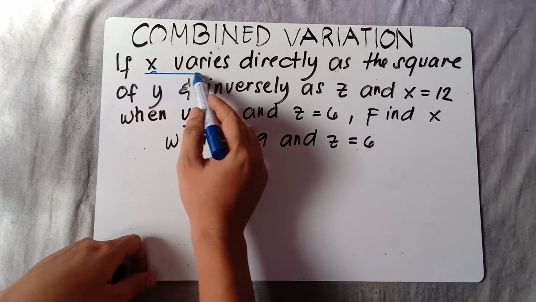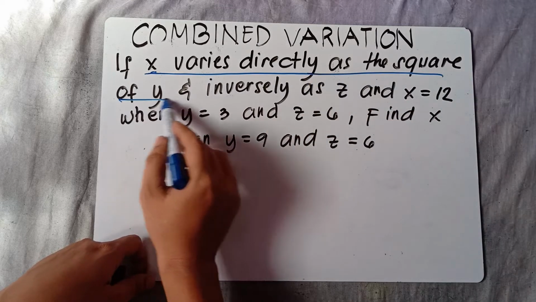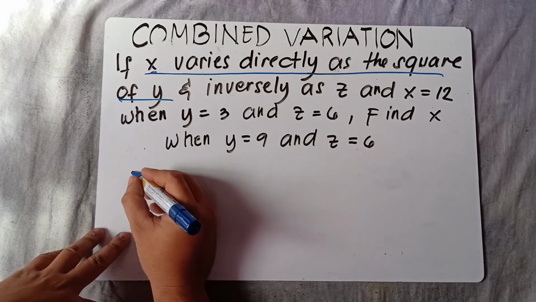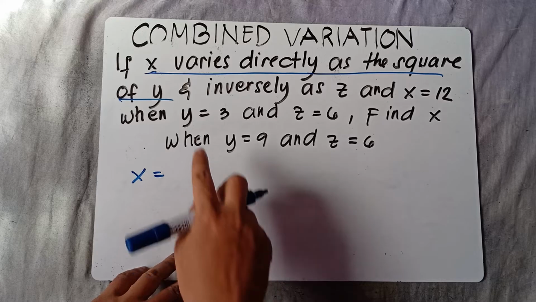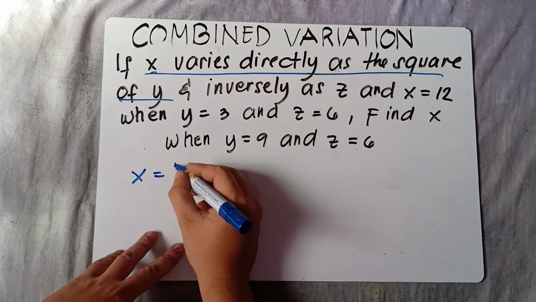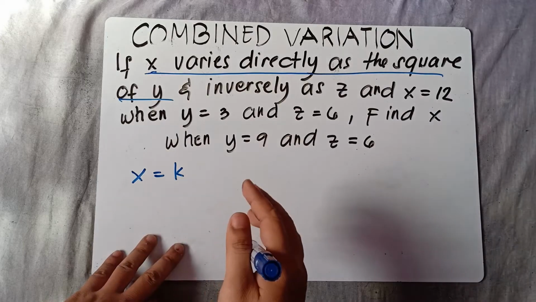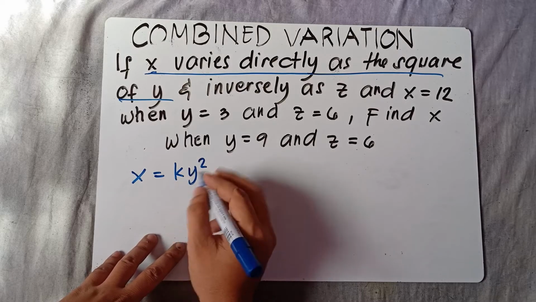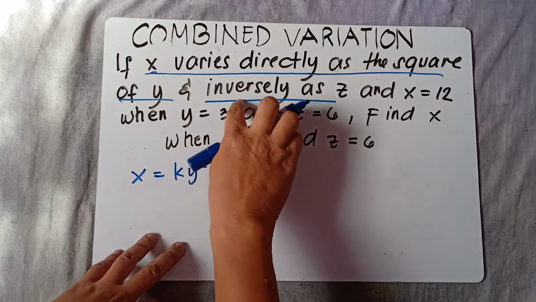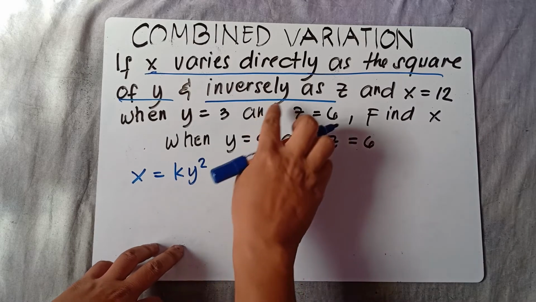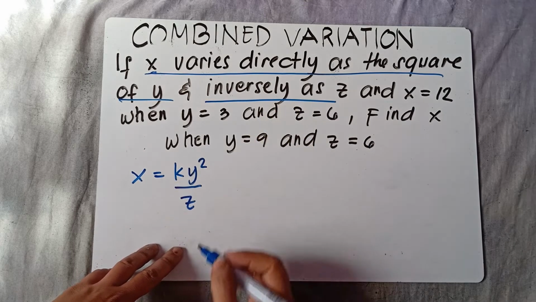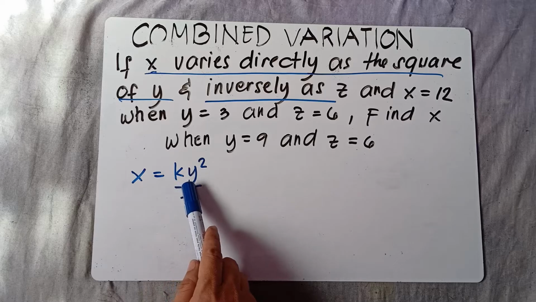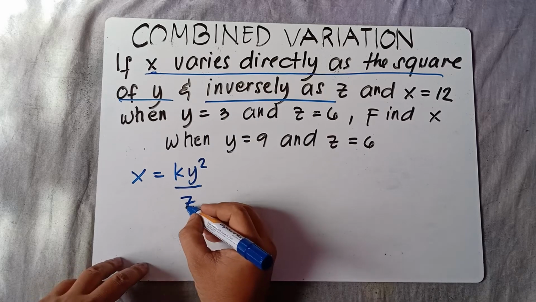If x varies directly as the square of y, let's write the equation. x equals k, since our variables must be on the numerator, k times y squared. And inversely as z, so inversely means the variables must be on the denominator, divided by z. So x equals k times y squared over z. This is now the equation.